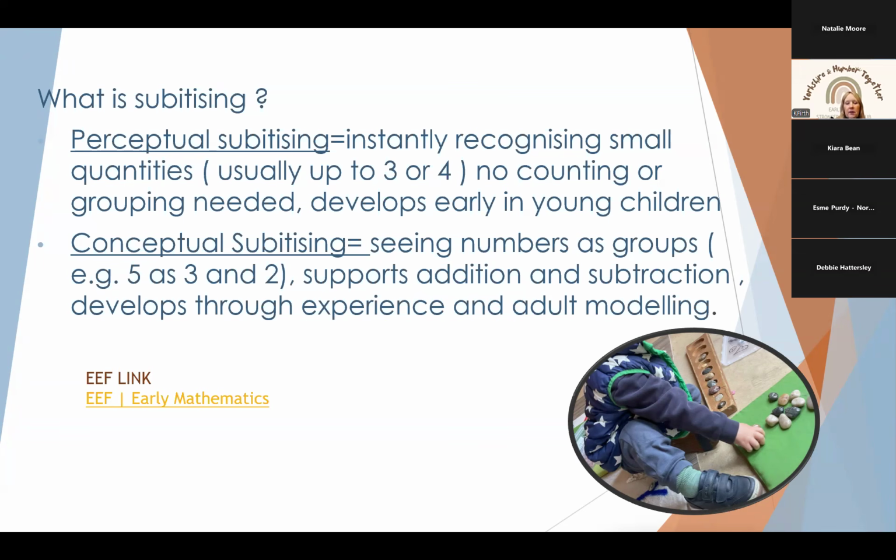So a child may have 5 buttons. You might have placed some different coloured buttons in a little pot. They may see the 5 straight away. They may see that 3 are pink and 2 are yellow. So it's working out, it supports addition and subtraction.